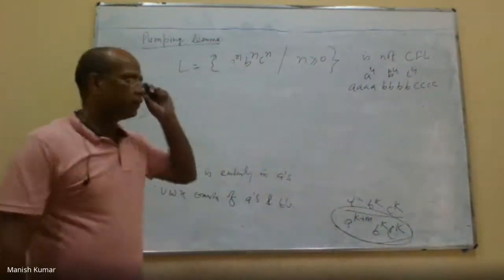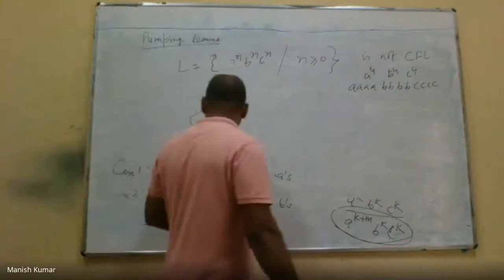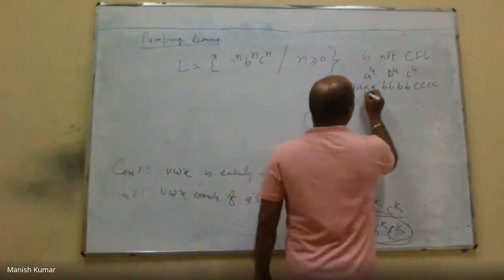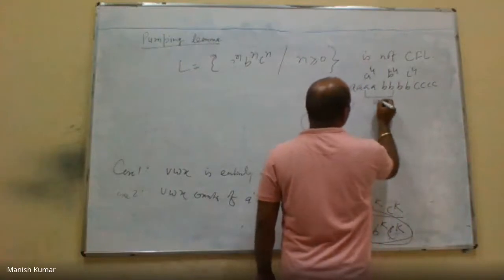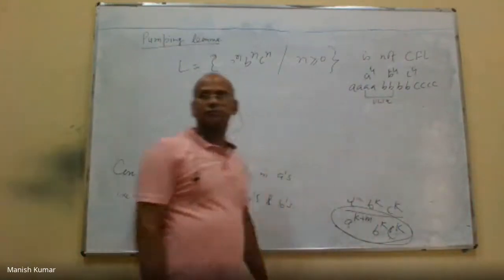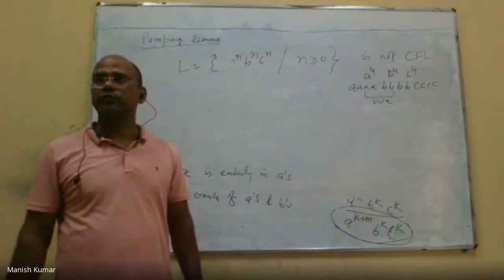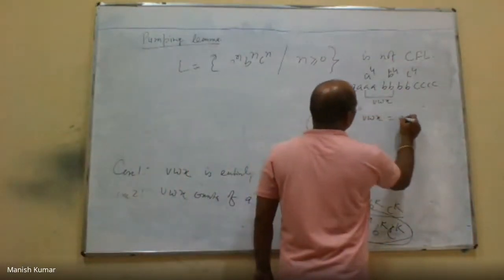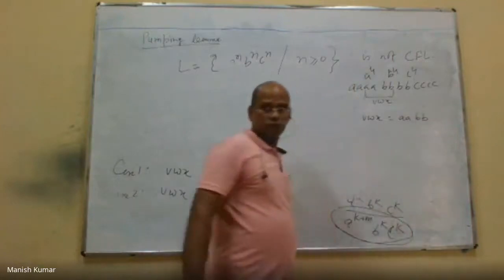So let us take this VWX. We have VWX as AABB.